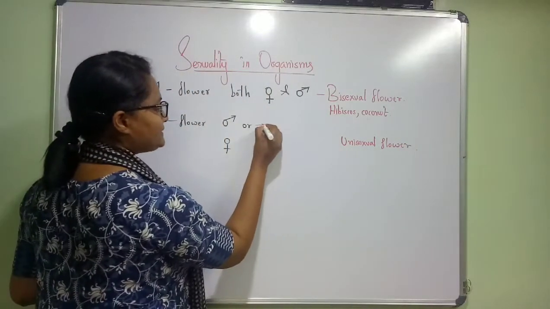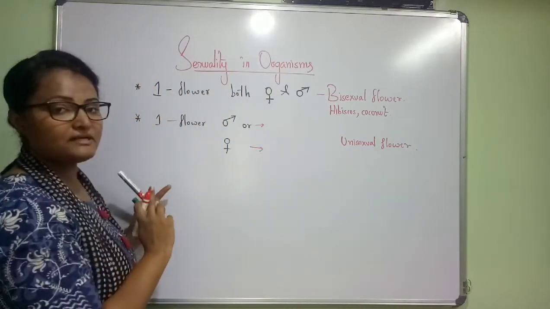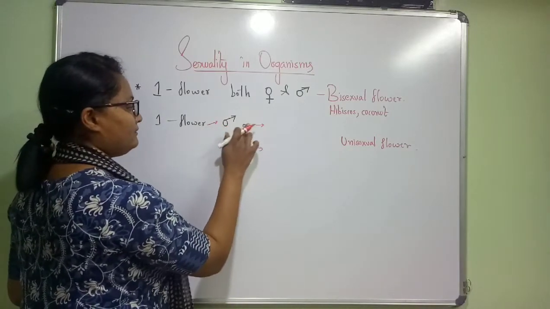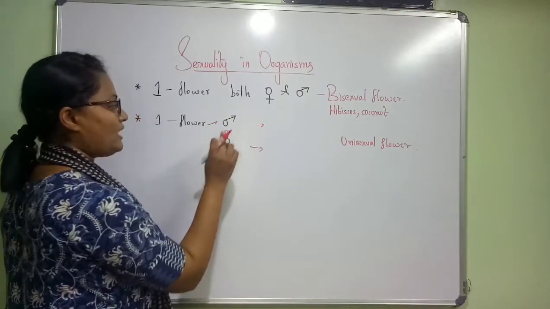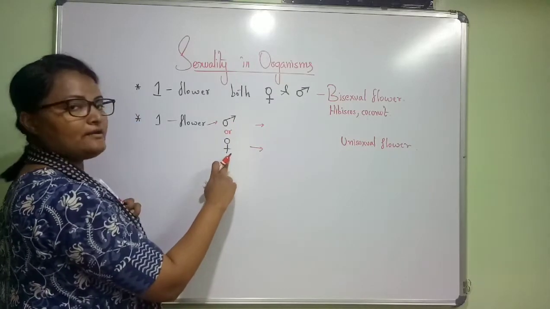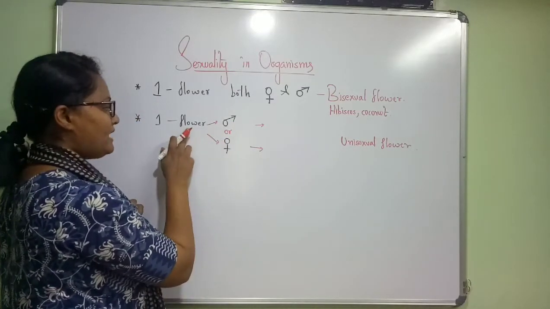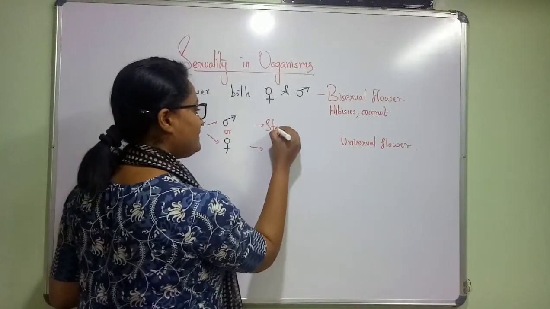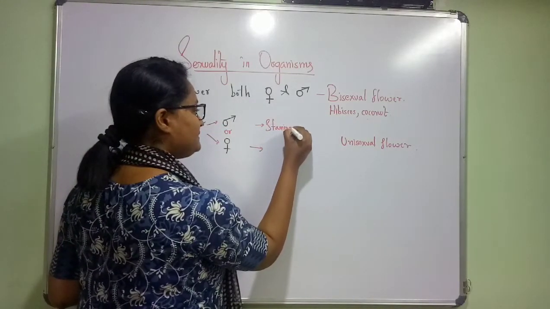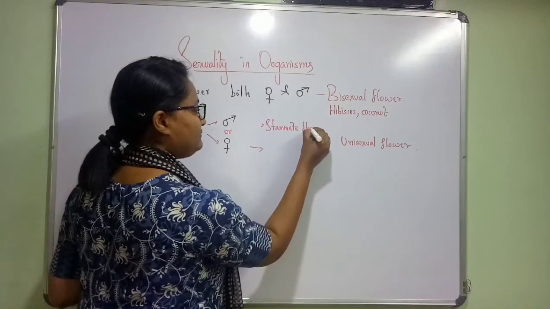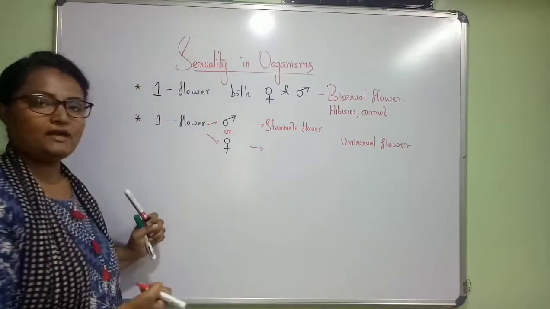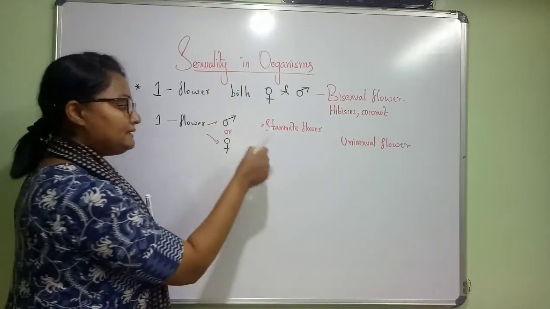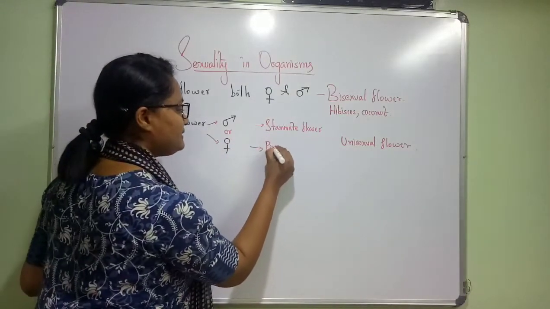Separately, if a flower contains either male or female: if a flower contains male reproductive part, then the flower we call as staminate flower. If a flower contains female reproductive part, then the flower is called as pistillate flower.